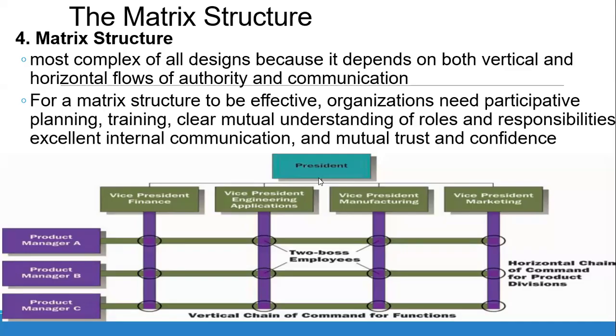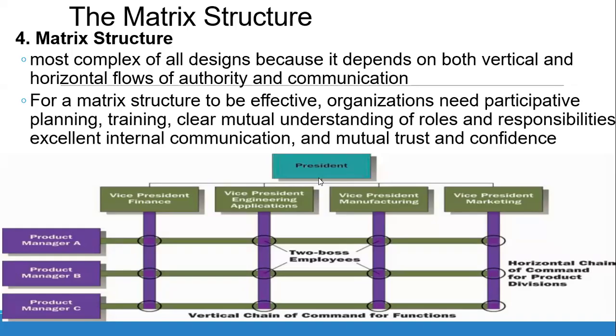At any given point in time, an individual is reporting to two superiors or two leaders at a go. At the vertical level, they are reporting to one person. At the horizontal level, they are reporting to another superior, making them have two supervisors at the same point in time to maintain coordination and control.